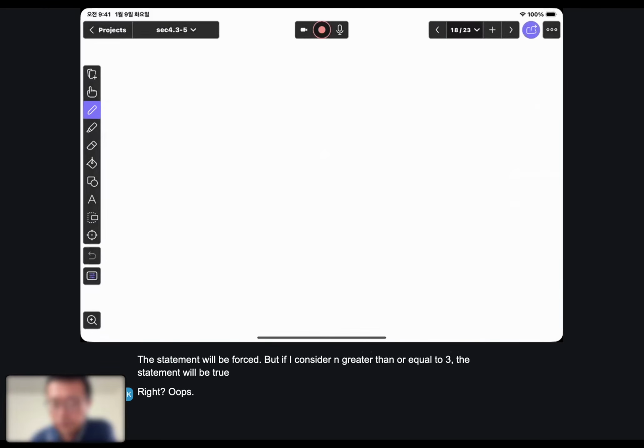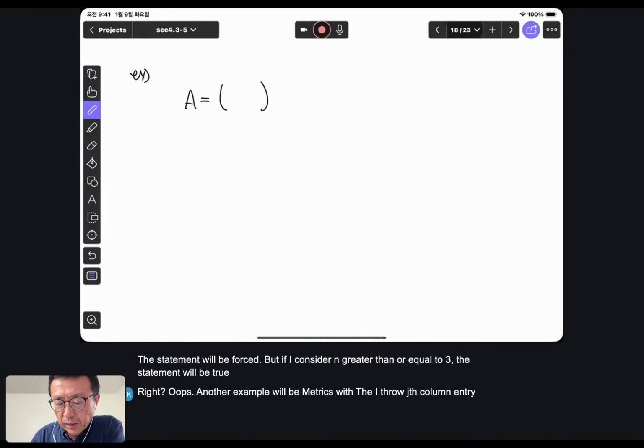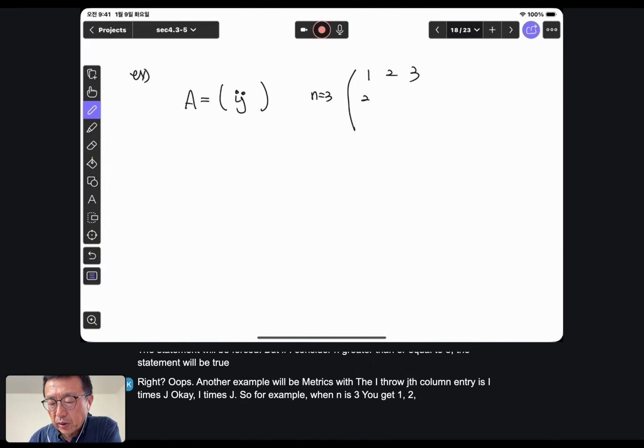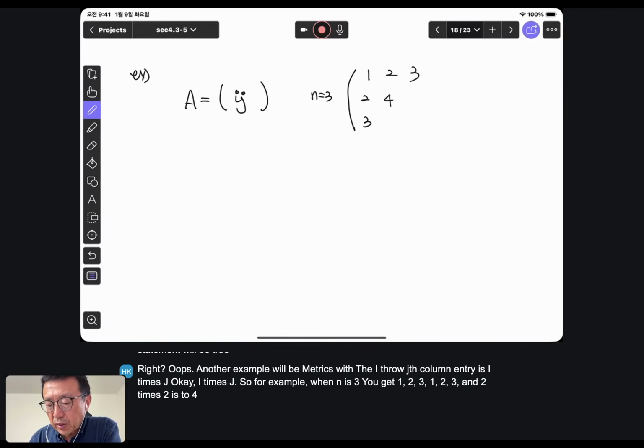Another example will be a matrix with the ith row, jth column entry equal to i times j. Okay? So for example, when n is 3, you get 1, 2, 3, 2, 4, 6, and 3, 6, 9.